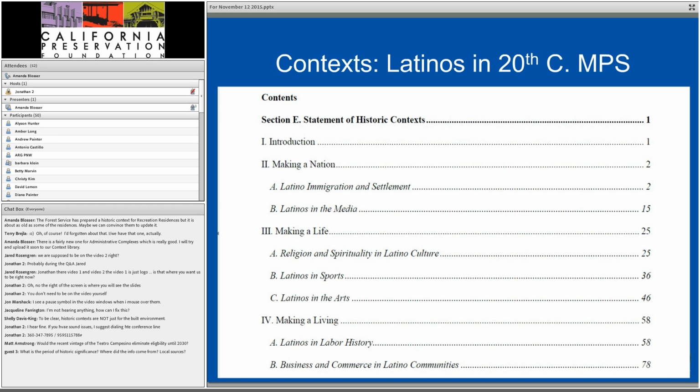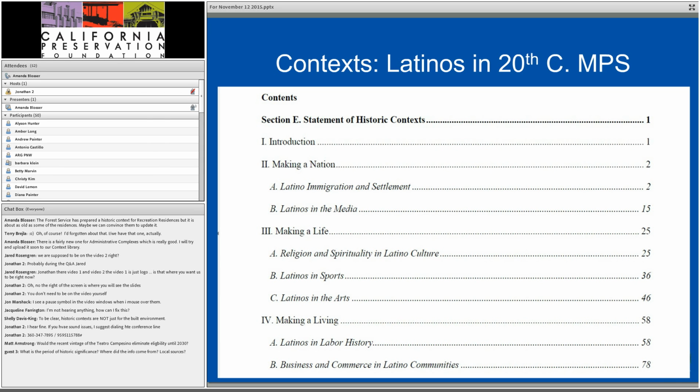All of the things that Amanda talked about earlier. You could see that we have making a nation for Latinos in 20th century California. And then sub-themes, Latino immigration and settlement, Latinos in the media. So I'm hoping that you get a sense that if we have a radio station, for example, we just don't want to know when it began, when it ended, who worked there.